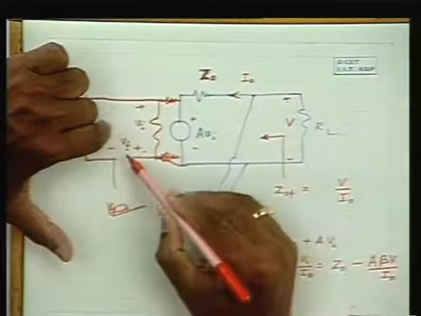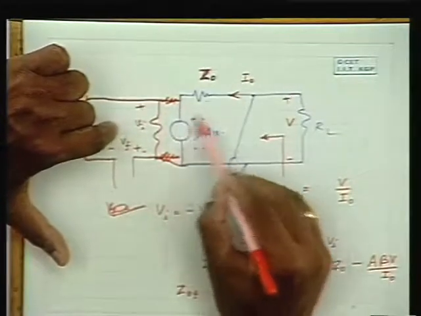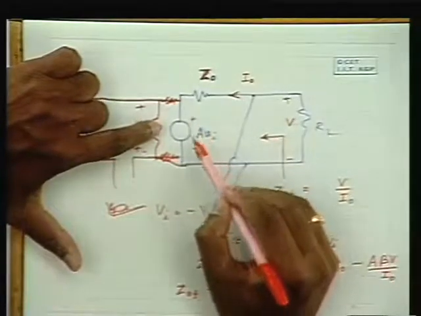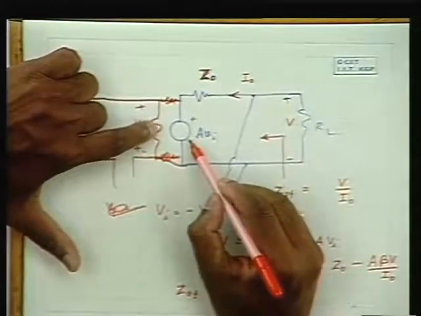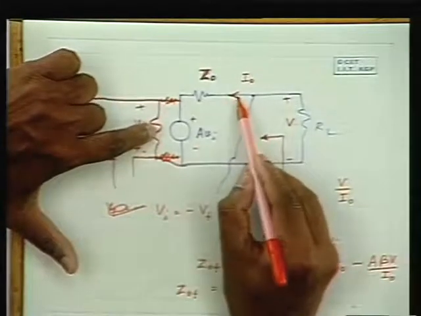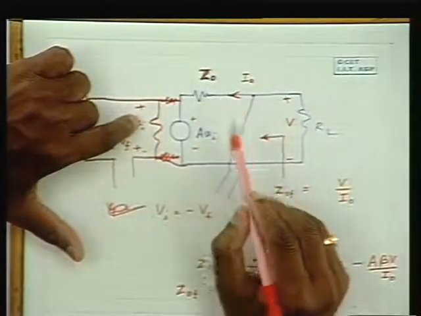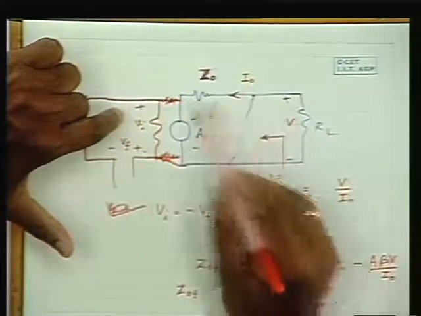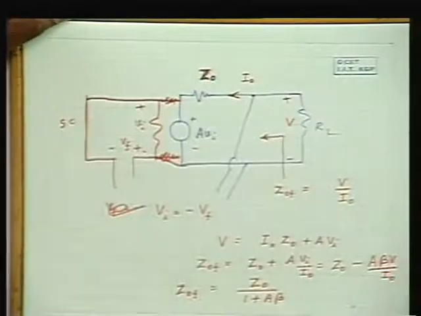But by connecting a feedback here, there is a voltage which appears on the output side, and this voltage is such that this minus this by Z0 is the output current, and that current is large. With negative feedback, that current is large. So because the current is large, the effective output impedance is low. So Z0 by 1 plus A beta is the effective output impedance.